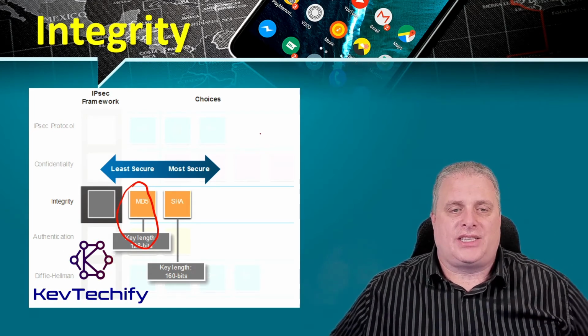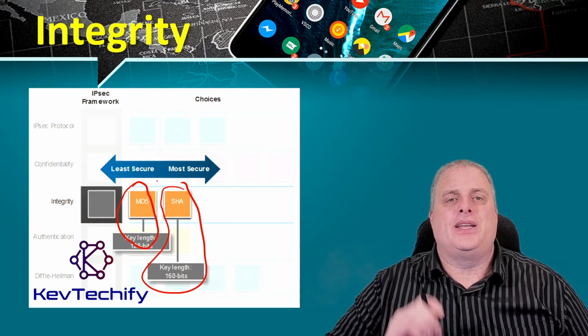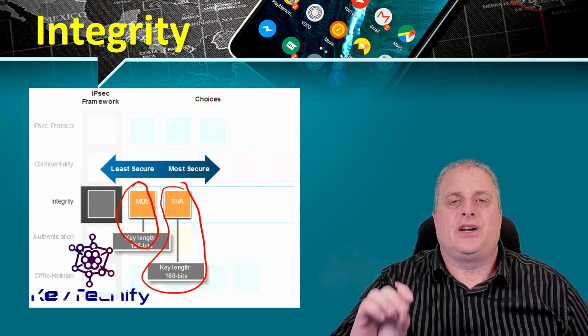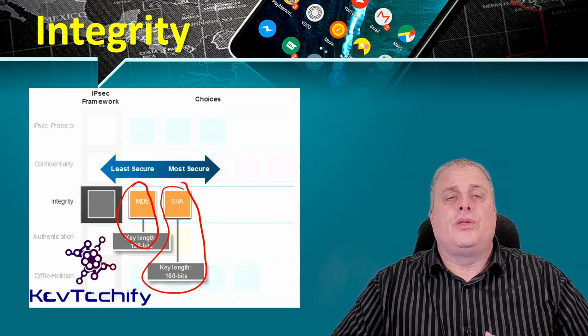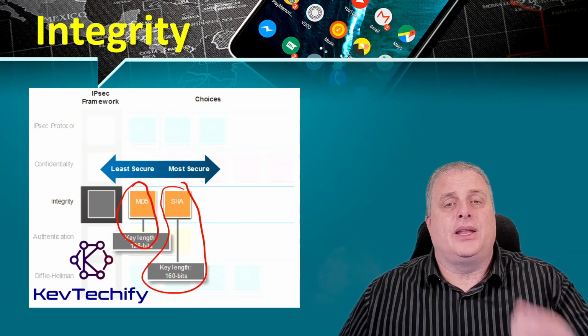The Secure Hash Algorithm, also known as SHA, uses a 160-bit secret key. The variable length message and the 160-bit shared secret key are combined and run through the HMAC-SHA-1 algorithm, producing that 160-bit hash.